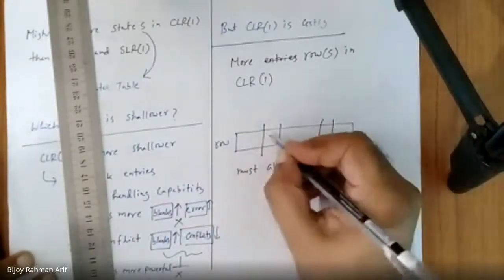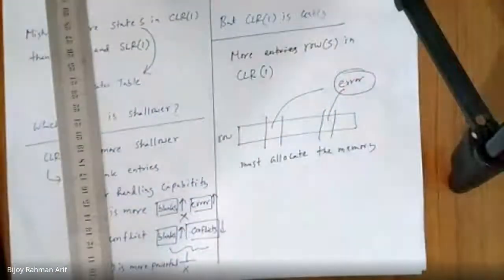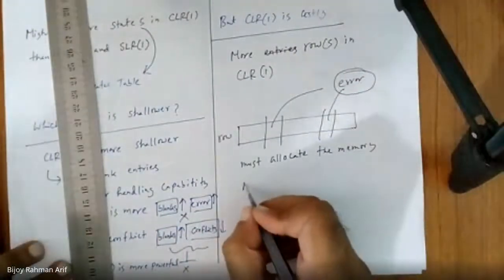Then you point the arrow, that's fine, but you have to allocate the memory. That means you need more space.